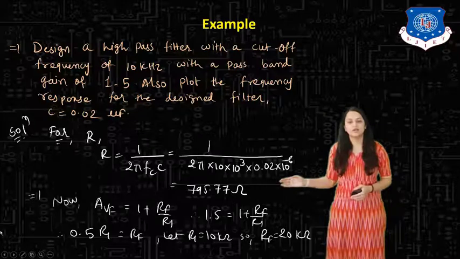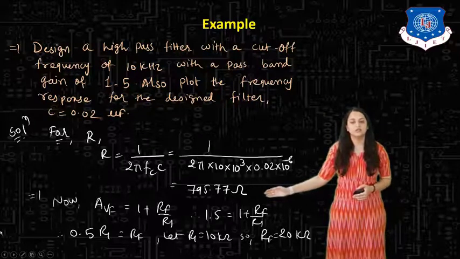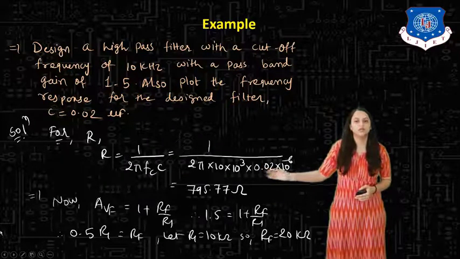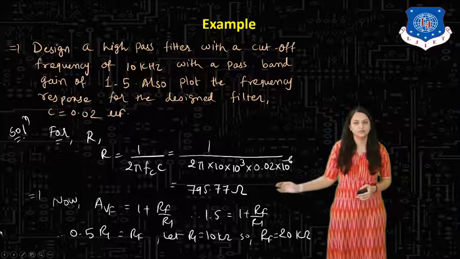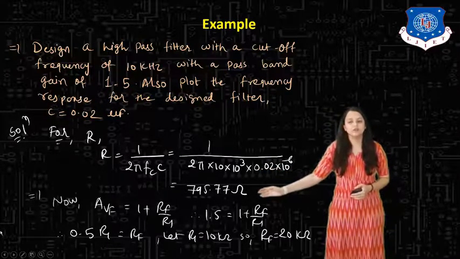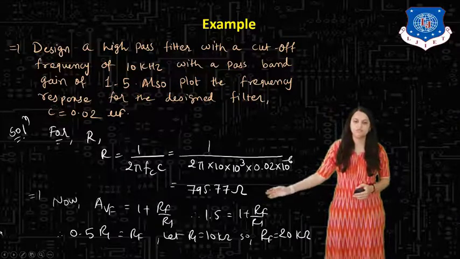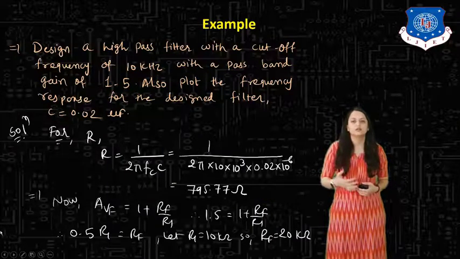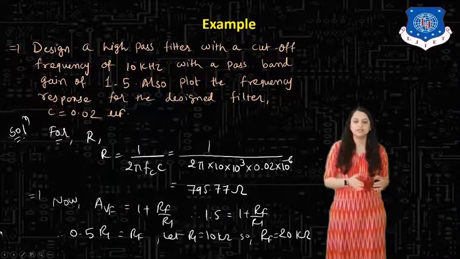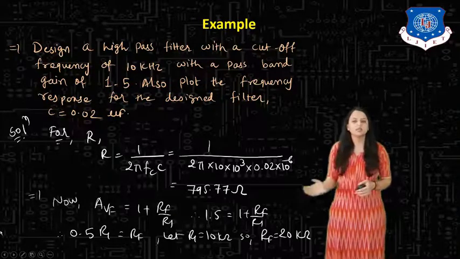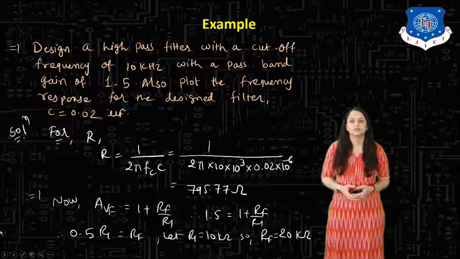Placing the capacitor value 0.02 into 10 raised to minus 6 and 10 kilohertz for the frequency, we can obtain the value of resistance, which is 795.77 ohms. We can use the approximate values from this.